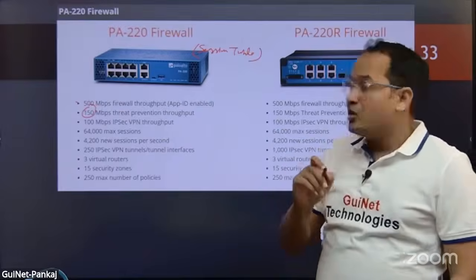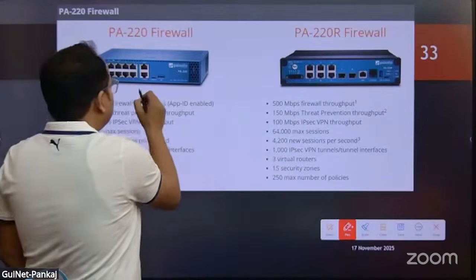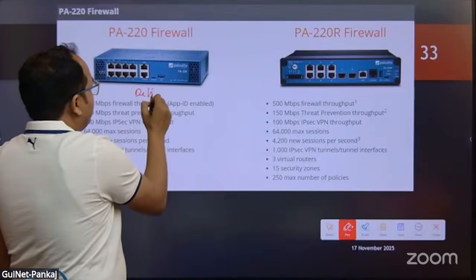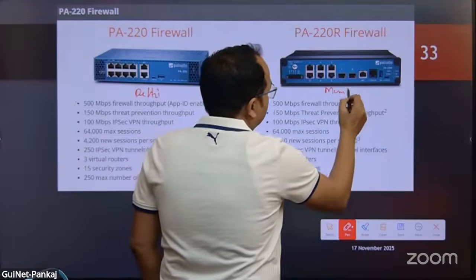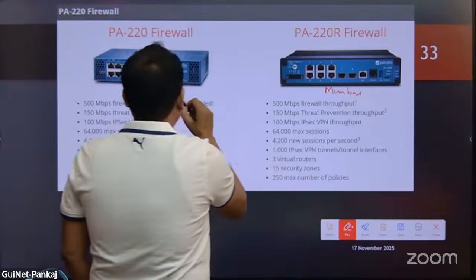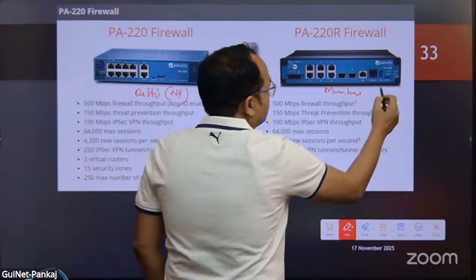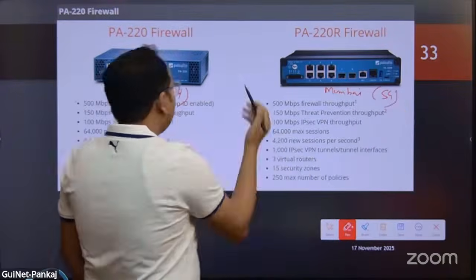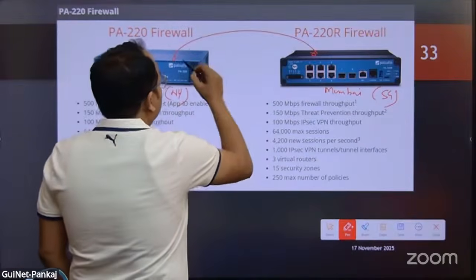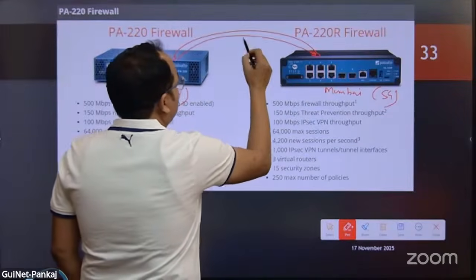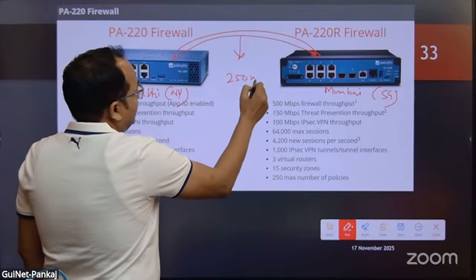If you plan to build IPsec tunnels, let's suppose you have two branches, one in Delhi and one probably in Mumbai. Or you can think of one in New York and one might be in Singapore. If you want to build a tunnel, it is going to build, but the maximum traffic you can send via this tunnel is 250 Mbps.